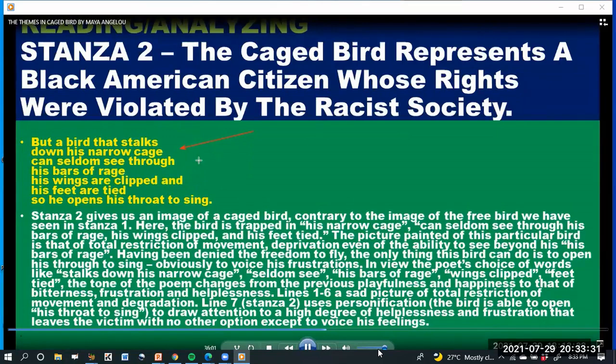The whites had their freedom given to them, freedom of movement, freedom of expression, freedom of association, their right to own property, and so on and so forth. But these rights were violated when it comes to the Black Americans.